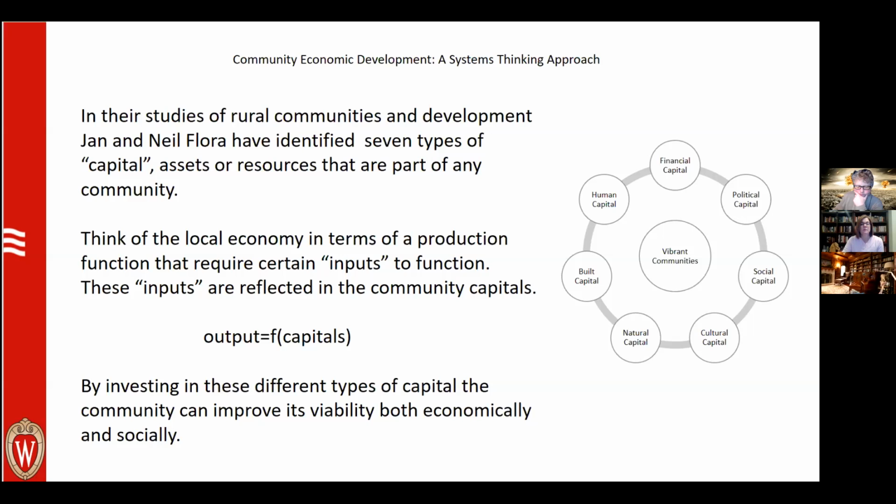The local economic output depends on the inputs of the different capitals of the community, okay? Like the way the Schaefer Star thinks about resources in a more traditional economic way, the Flora community capitals takes that resources component and blows it out into a broader perspective.